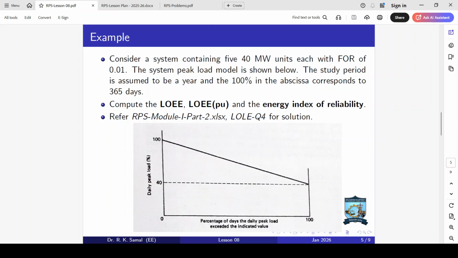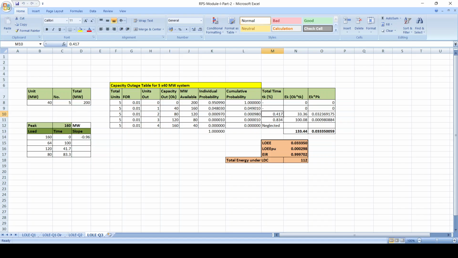Okay, now again we'll go to the Excel sheet. Okay, so this one I was discussing there, for 41.7% of the time the load is 120 megawatt or more. For 83.4% of the time the load is 80 megawatt or more.